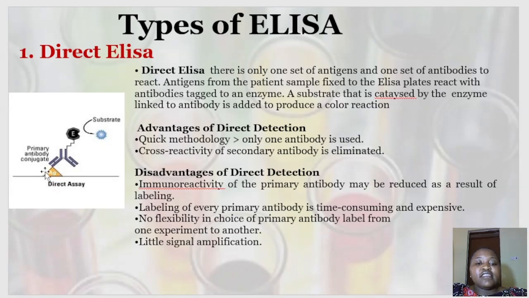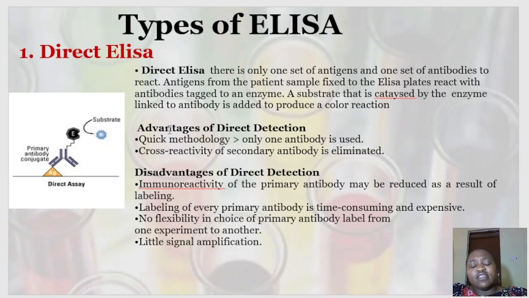In this case, this antigen, because it's just one, will actually be the antigen that is within your serum sample, your patient's blood sample. You will coat your plate maybe overnight to allow the antigens to bind, and then the next day you're able to add your antibodies.